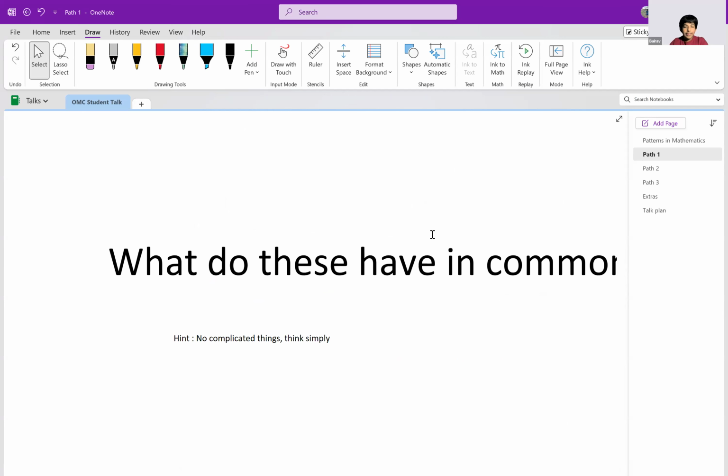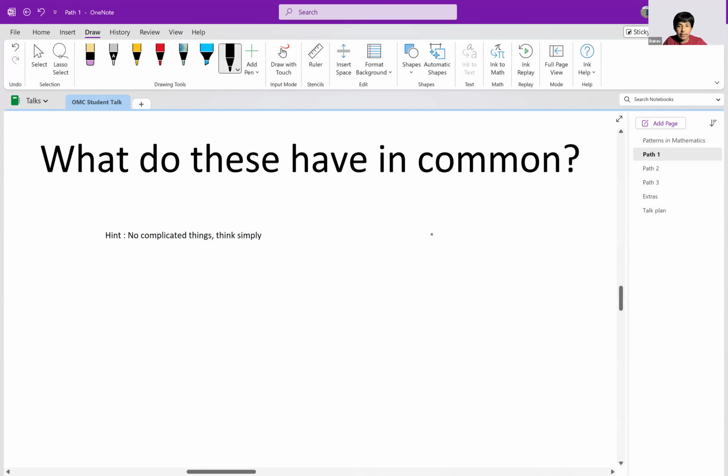Does anyone want to suggest some common properties that all of these have? Commutativity. I think Mandar said commutativity, right?